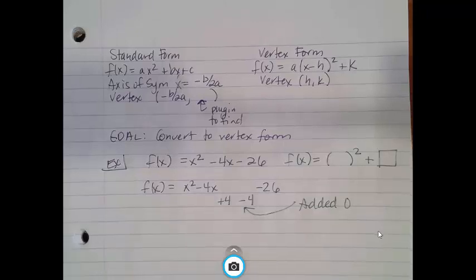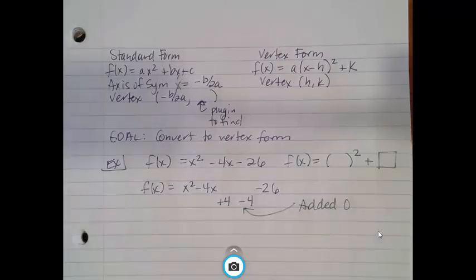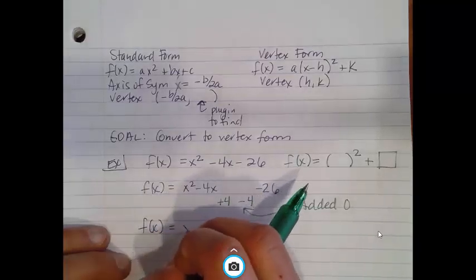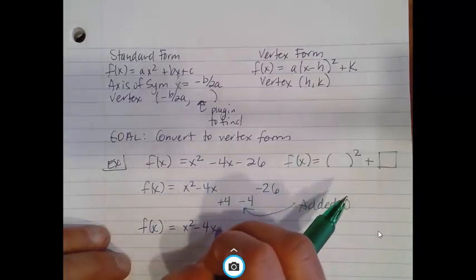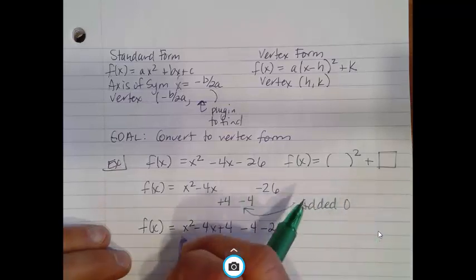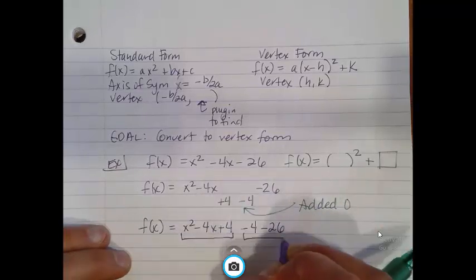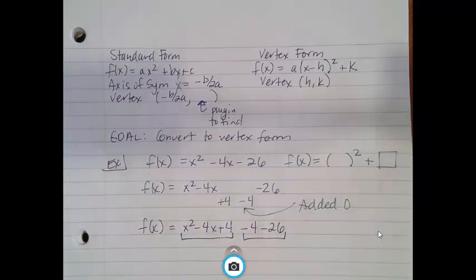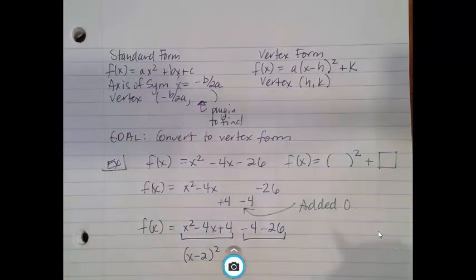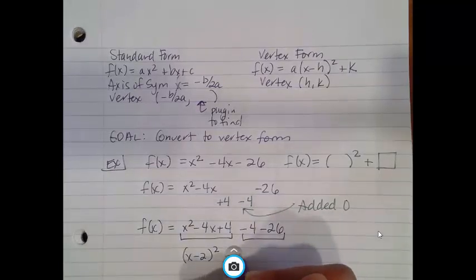Great, so I'm just going to rewrite what I have above. This time I'm going to write it as f of x equals x squared minus 4x plus 4 minus 4 minus 26. Consider this part together and this part together. The reason I want to do that is because this part can be written as x minus 2 squared, and this is simply minus 30.